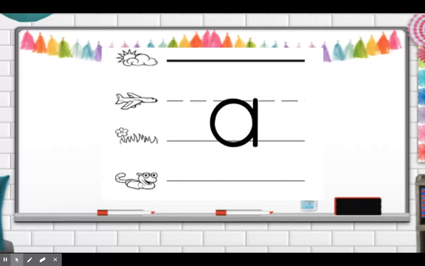And I want you to write the word like you see on the screen. You're going to write that word in red. So make sure you're writing in a red crayon. So this is what it should look like on your paper.